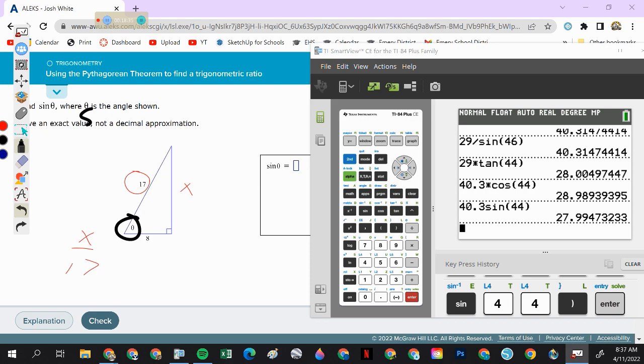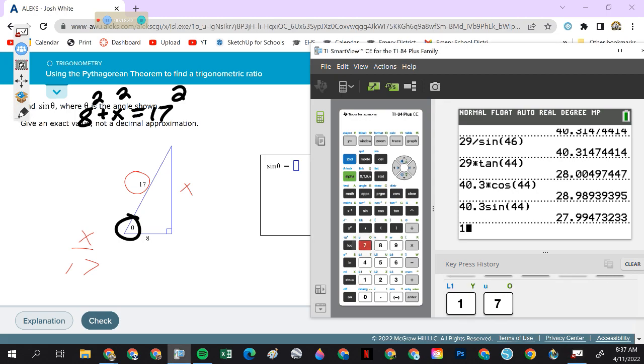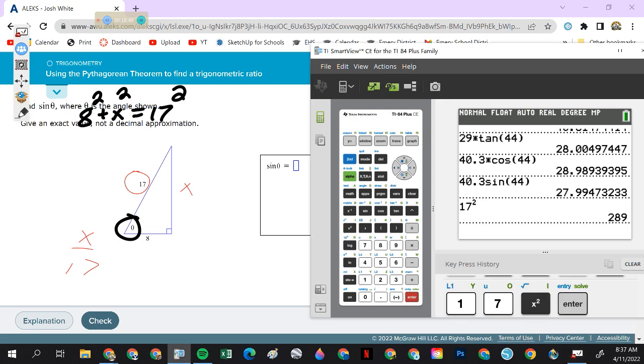So 8 squared plus x squared equals 17 squared. 17 squared, what is it? 289. So we have 64 plus x squared equals 289.